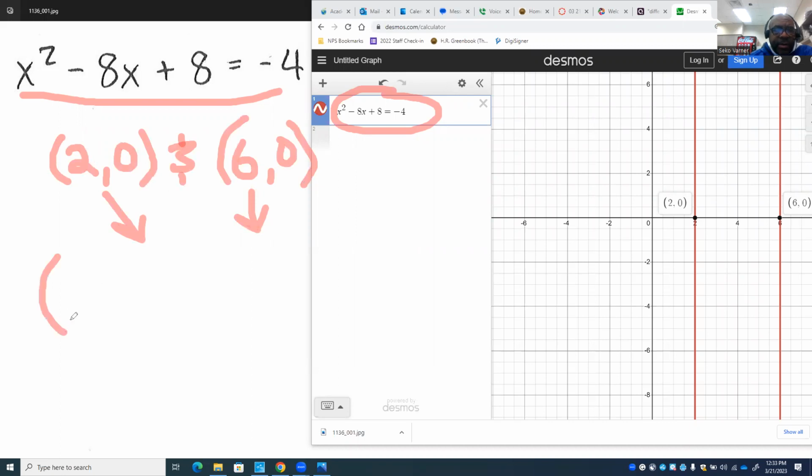Because we have x squared, the only way that we can get x squared would be x times x. So x, x. This is a plus 2, so we're going to change this to a minus 2. This is a plus 6, we're going to change that to a minus 6. So the answer is x minus 2, x minus 6. That's how we solve that problem.